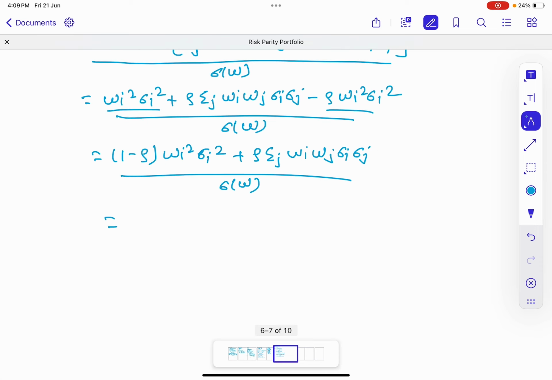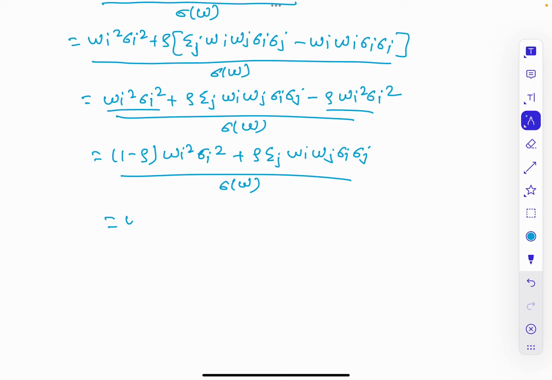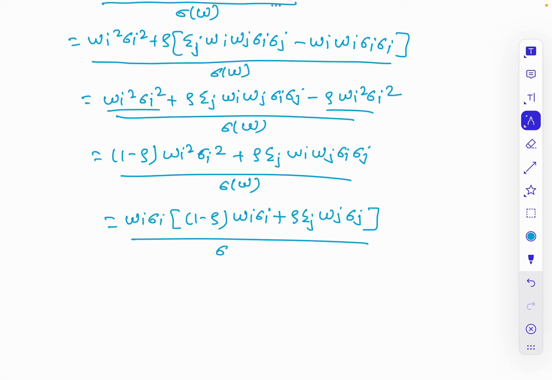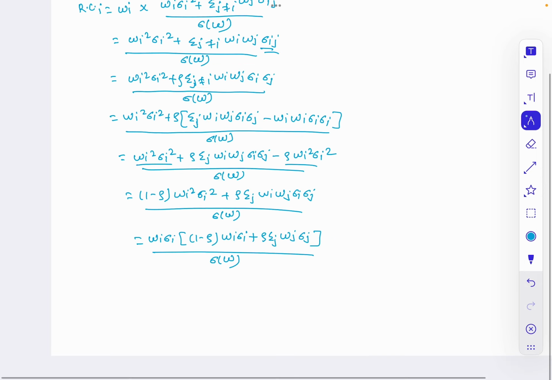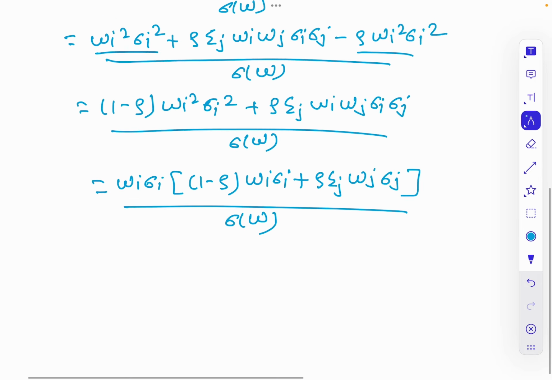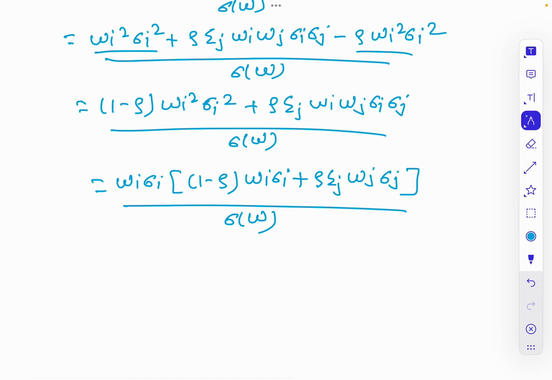Now we can see that we have omega i sigma i common, so we can take this term outside, and we will be left with this term plus rho for all j omega j sigma j. So this is the marginal risk contribution by asset i.